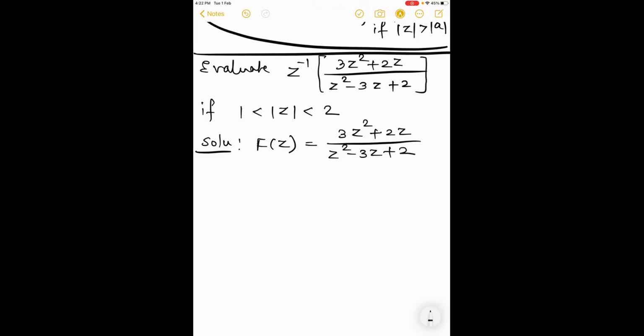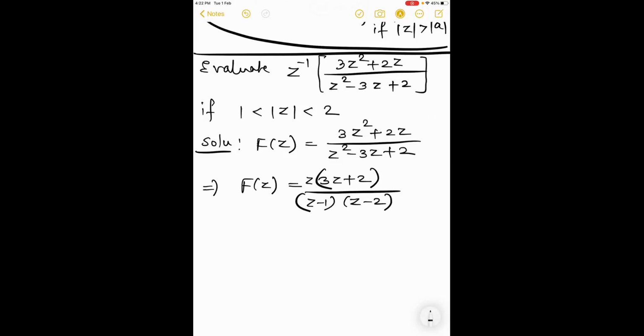Z minus 1, Z minus 2. Yes, very good. So it is a very simple quadratic equation whose factorization is z minus 1 and z minus 2. So you can write F(z) is equal to 3z square plus 2z, I can take z common and write 3z plus 2, denominator is z minus 1 and z minus 2.